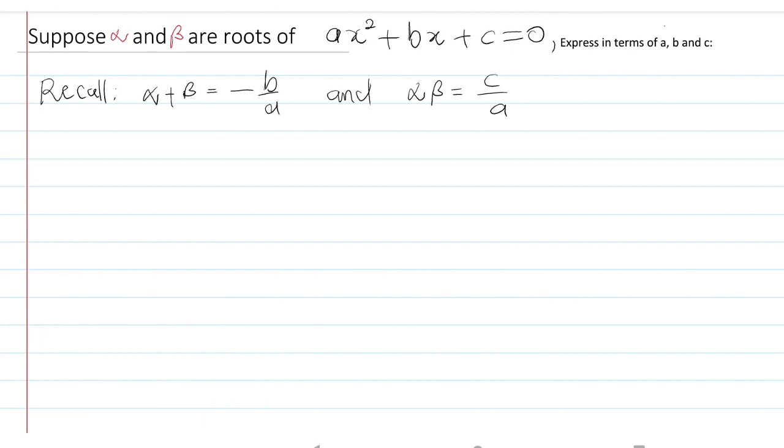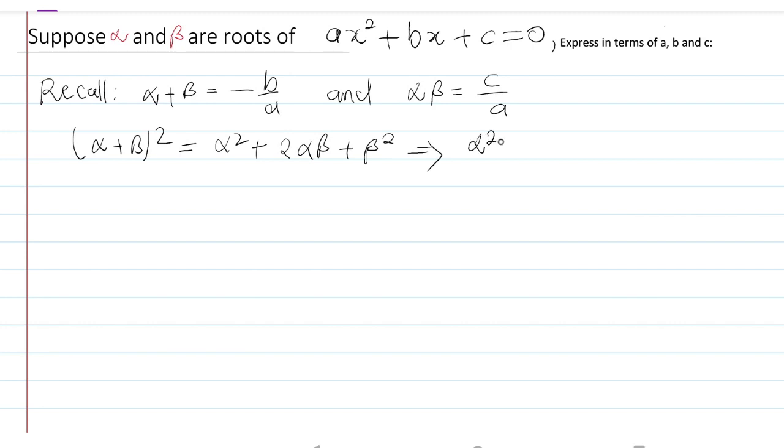Now, the first important expression that we are going to need is alpha plus beta squared, which is equal to, so expanding this gives alpha squared plus 2 alpha beta plus beta squared. So this implies that we are going to make alpha squared plus beta squared the subject of the formula.